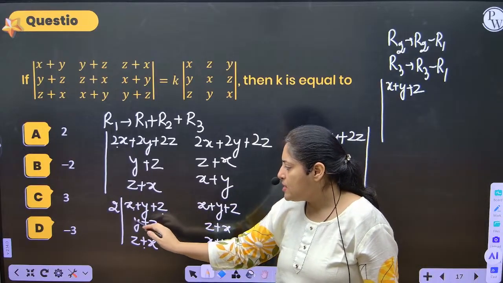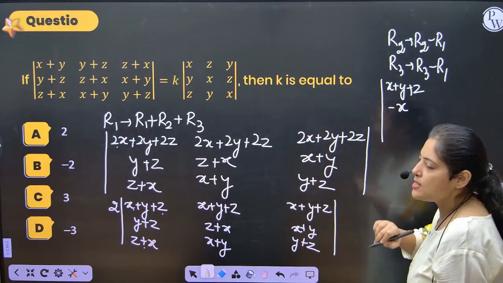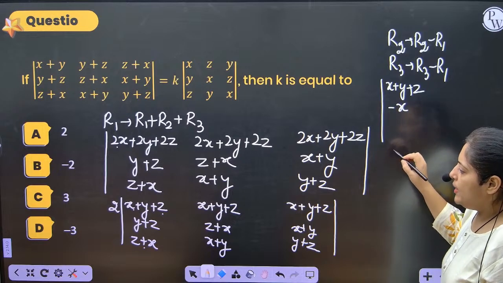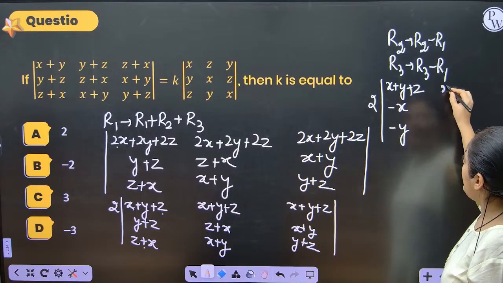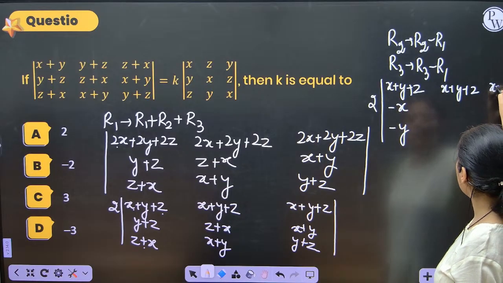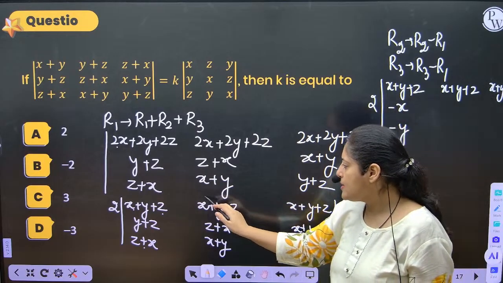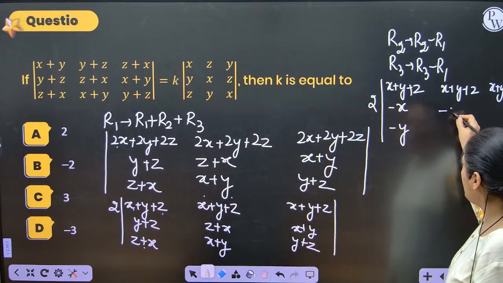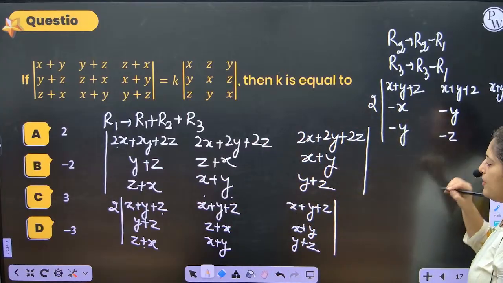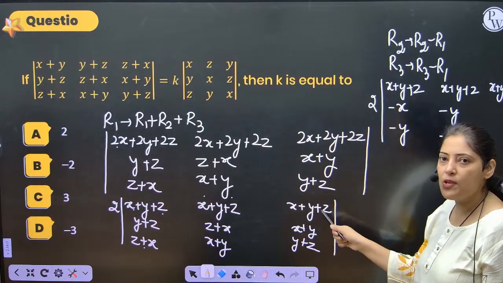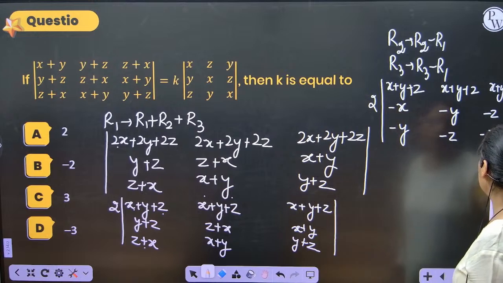This y plus z and this y plus z get cancelled, so I am left with only minus x, and similarly minus y, minus z.